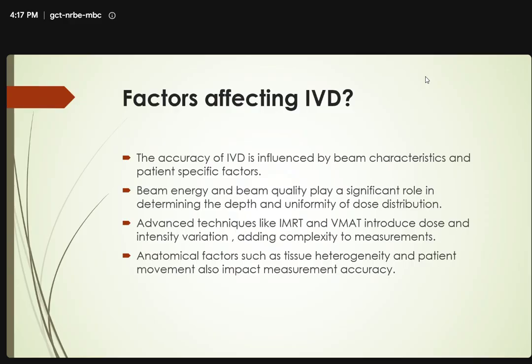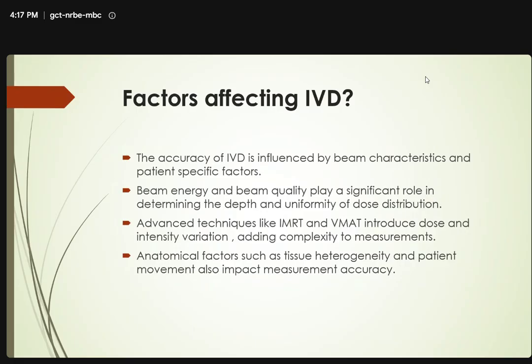Now, what are the factors affecting the in vivo dosimetry accuracy? The accuracy of IVD is influenced by beam characteristics and patient specific factors. Beam energy and beam quality play a significant role in determining the depth and uniformity of dose distribution.